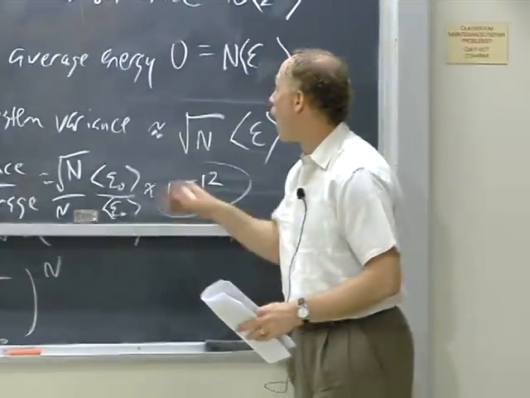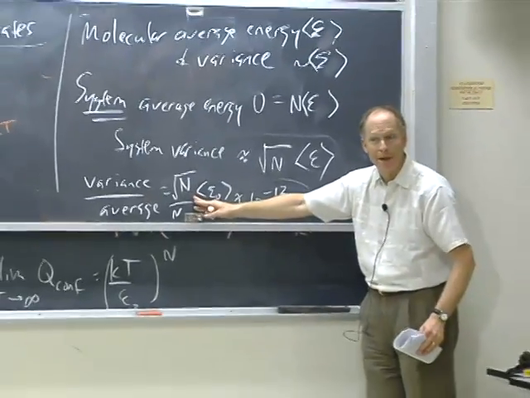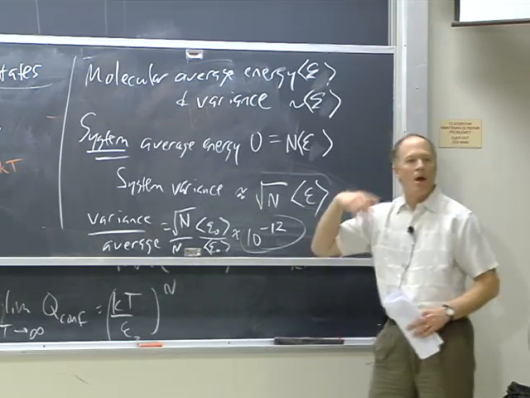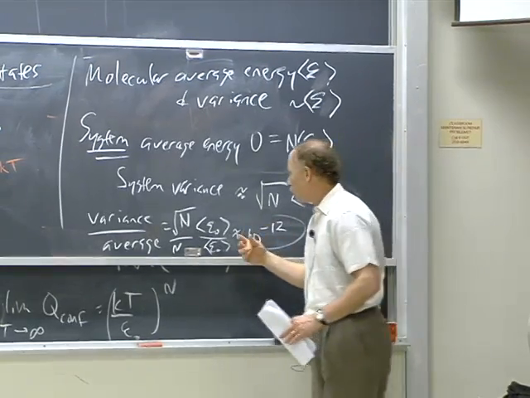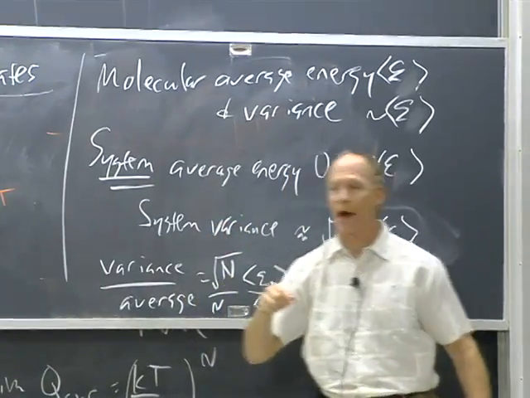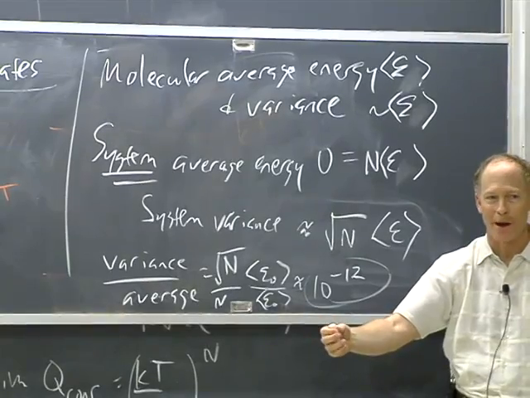Now, you can derive this. I didn't derive this, of course. I asserted that this is the case, and it's probably familiar to some of you if you've seen some statistics. But the way you would derive it is, in addition to calculating the average energy, the average of E, you can also calculate the average of the energy squared, and you can calculate the standard deviation that way.